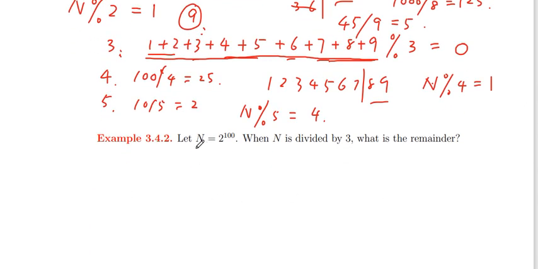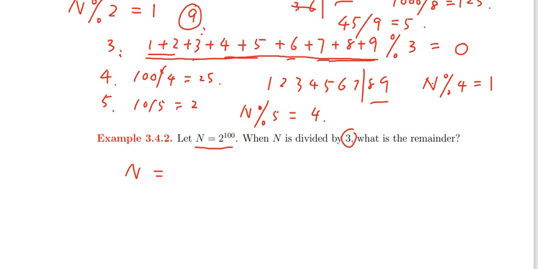Okay, so now let's consider the problem with this big number. When this is divided by 3, what is the remainder? For this number we can just divide by 3, so we try to find a number close to 3.